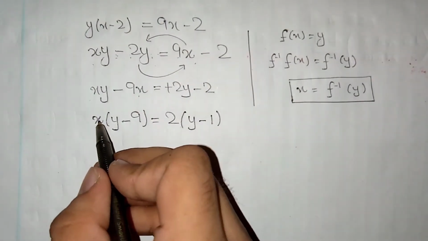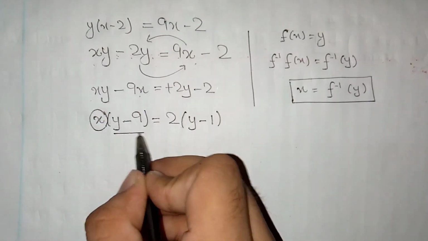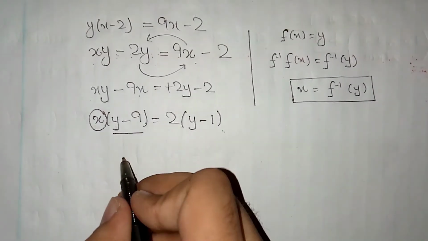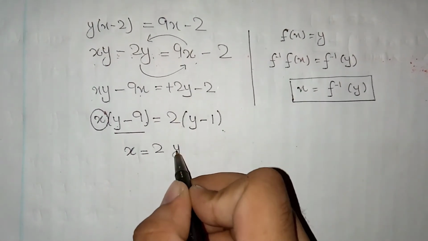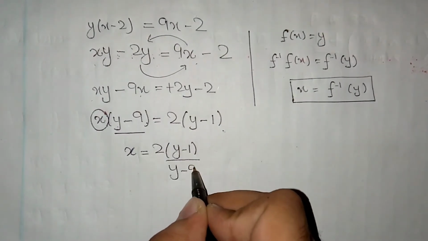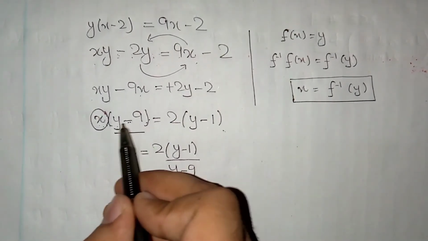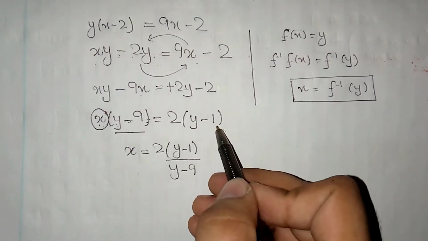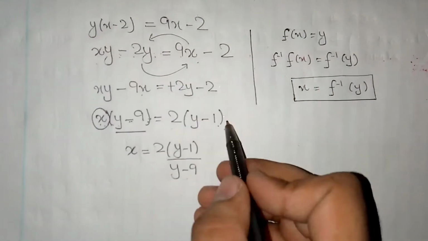As I told you, we have to make x the subject. So the bracket (y − 9) is shifted to the right side, giving 2(y − 1) over (y − 9). On the left-hand side this bracket is multiplying with x, so when shifted to the right-hand side it must be in the denominator.